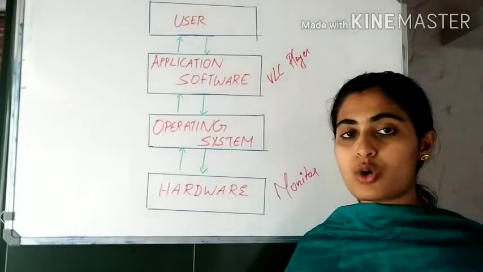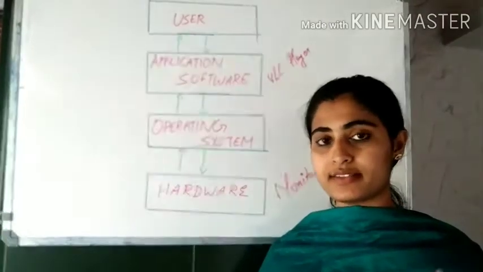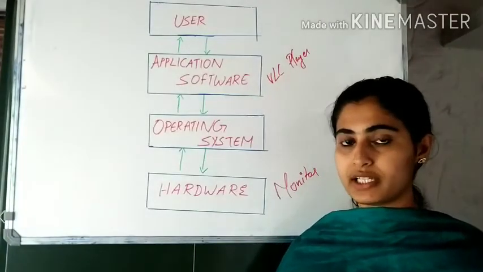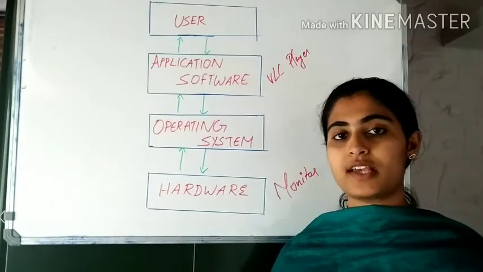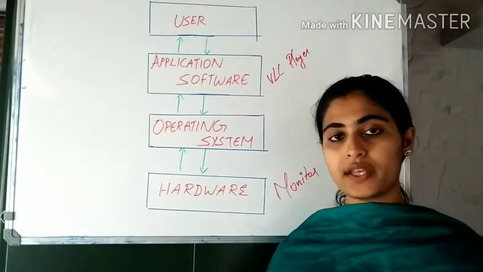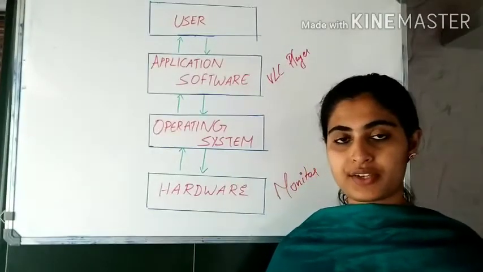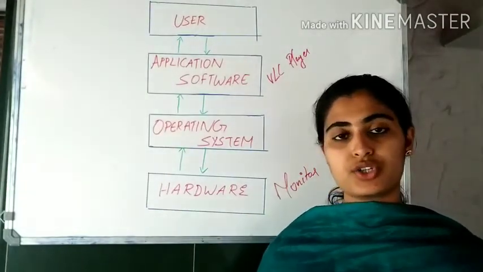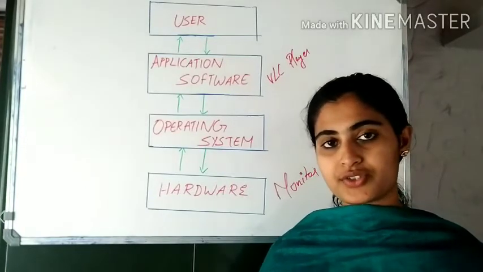And always remember that operating system is mandatory inside a computer. A computer cannot function properly without an operating system. For example, your mother is the person who coordinates all activities inside your house. Like she cooks food for you, she washes your clothes, she plays with you, she teaches you.